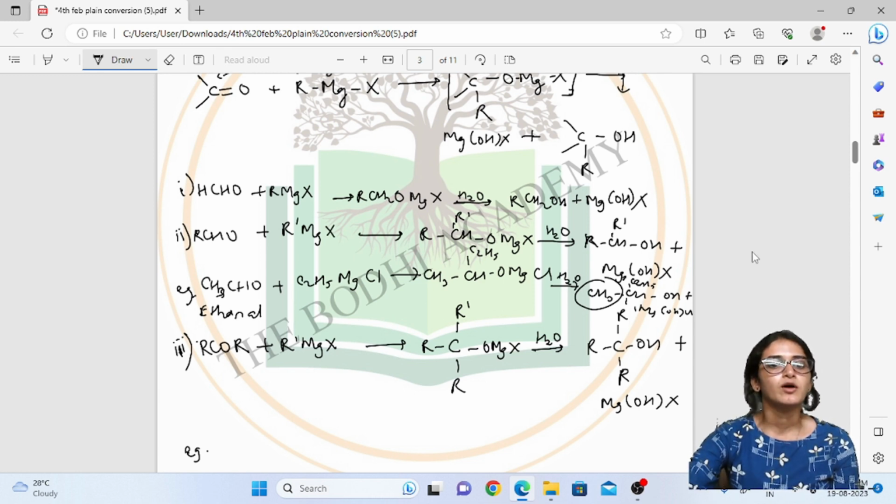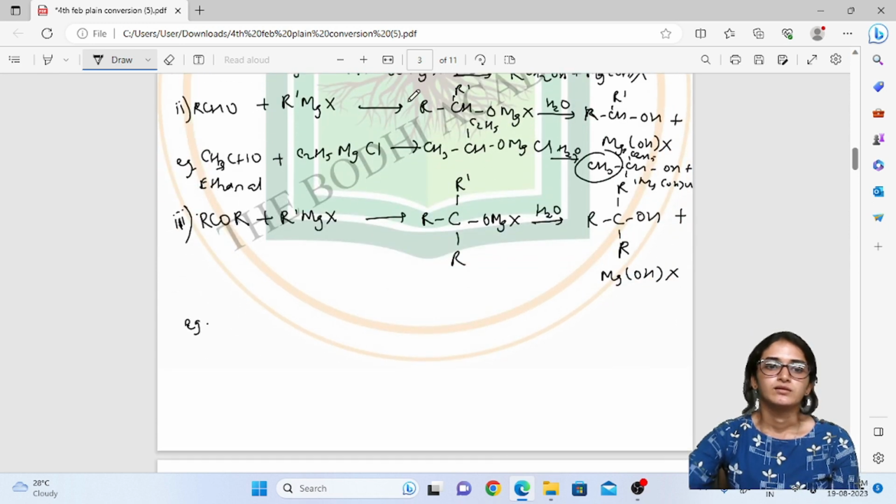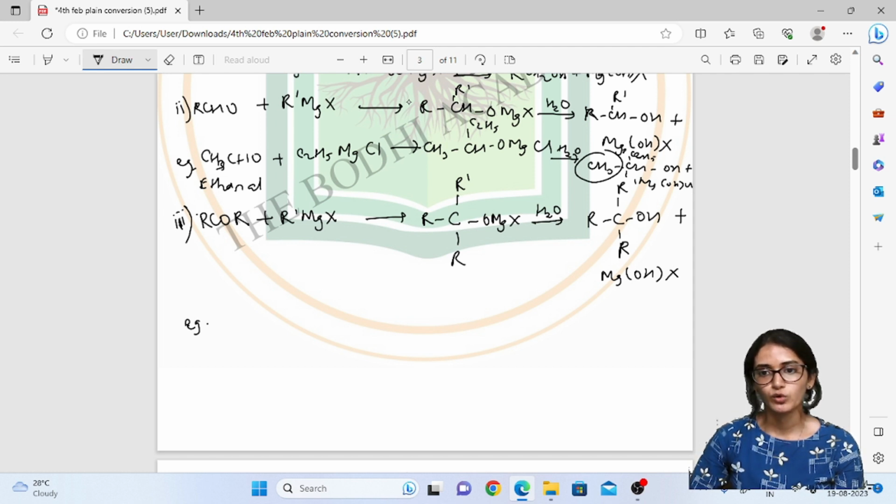Now this is from ethanal, which is an aldehyde. What you have to remember is that when you use aldehydes having more than 1 carbon, you will get a secondary alcohol. So the OH group is attached to the carbon which is further attached to 2 carbons. So you will get a secondary alcohol.